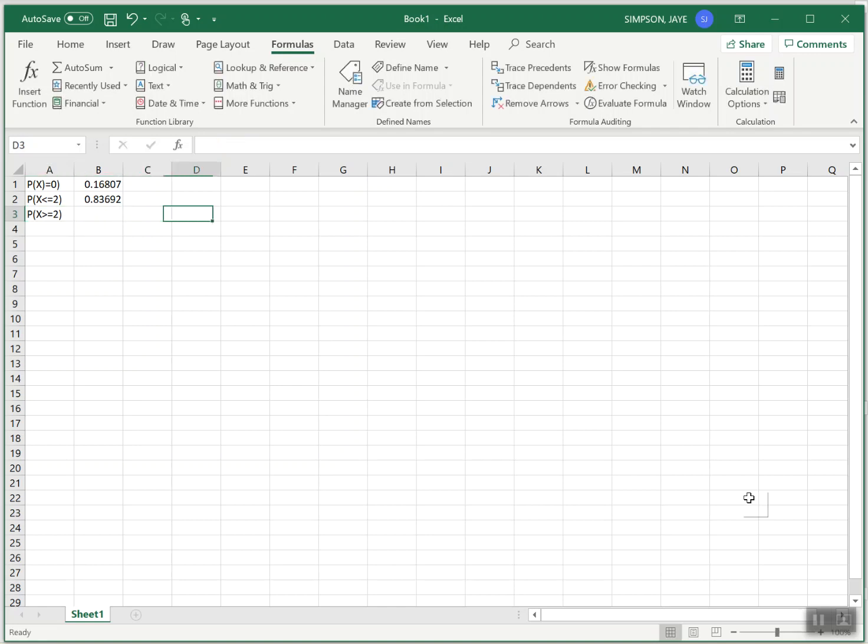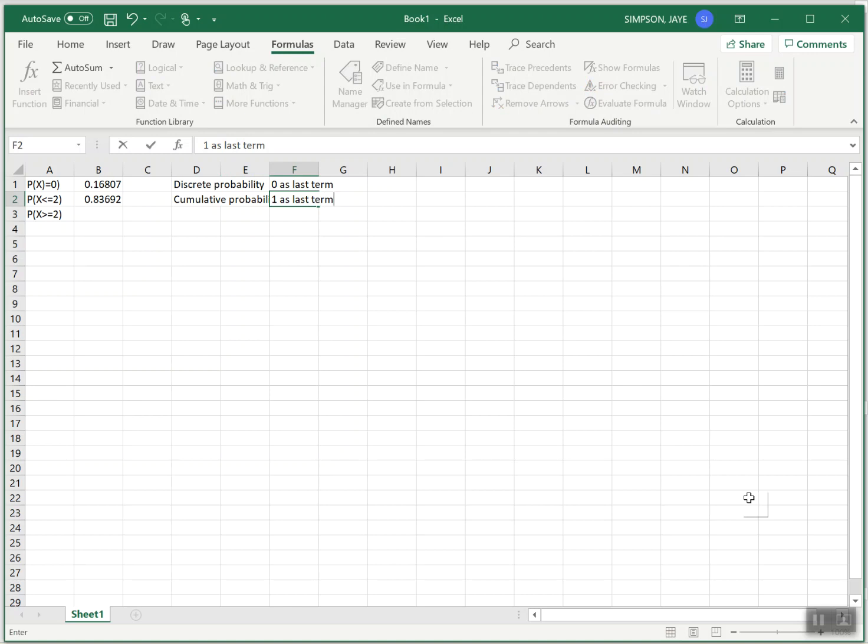If we're looking for a discrete probability, we're going to enter a 0 as the last term. If we're looking for a cumulative probability, we're going to enter a 1 as the last term.